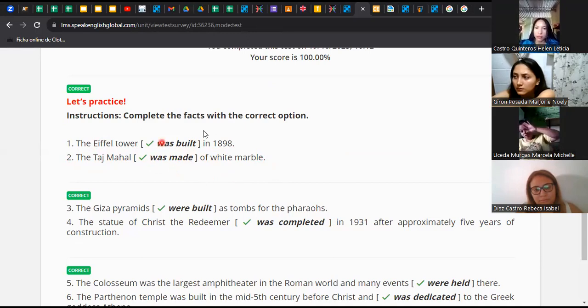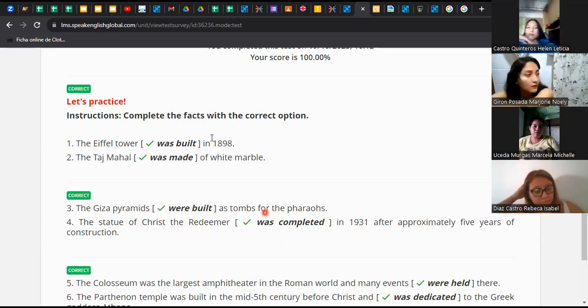So in some sentences you can omit the agent or the doer. Is it clear? So the Giza pyramids were built, the statue was completed in 1931. We don't have by whom, por quién. We only have the important information, okay? All right, very good. Now, we're gonna continue practicing more passive voice today, all right? So let's see.